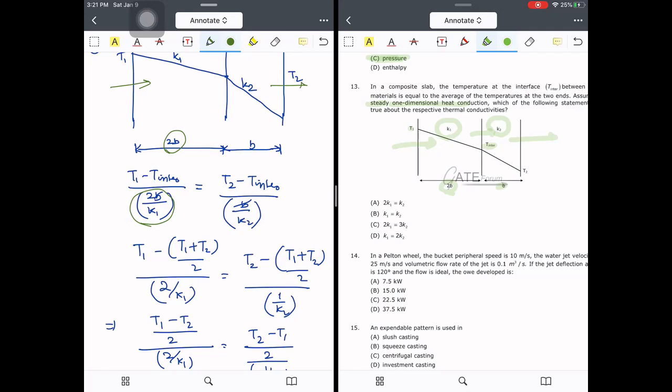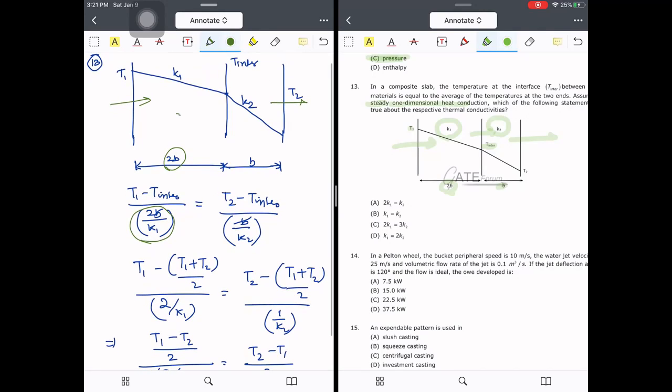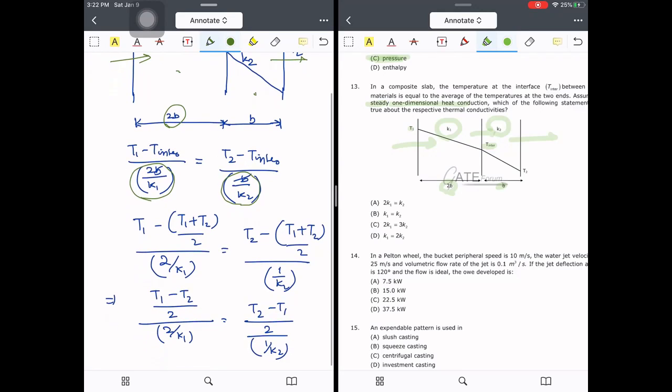Here delta T acts as a voltage, Q, the heat flux, acts as a current, and thermal resistance is equivalent to electrical resistance. All the operations of electrical resistance also apply to thermal resistance, in terms of parallel and series connections. So this is the thermal resistance for the first thickness of the bar.